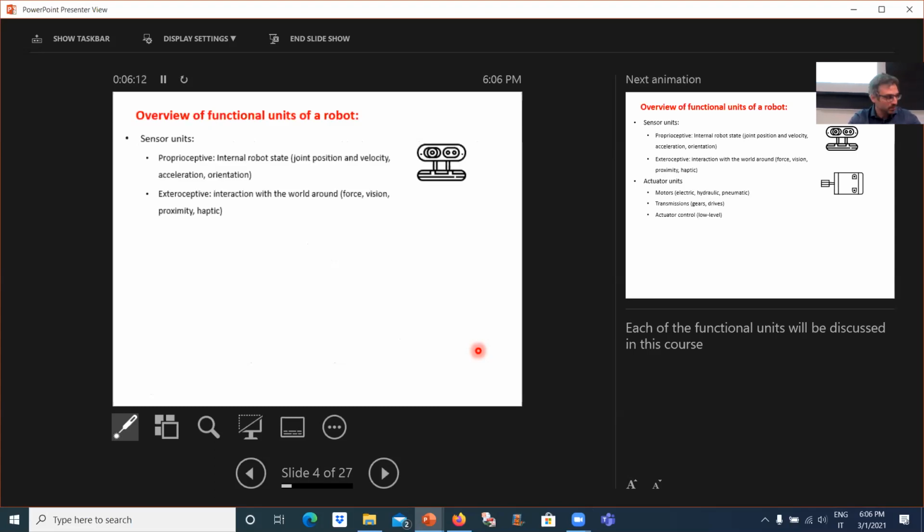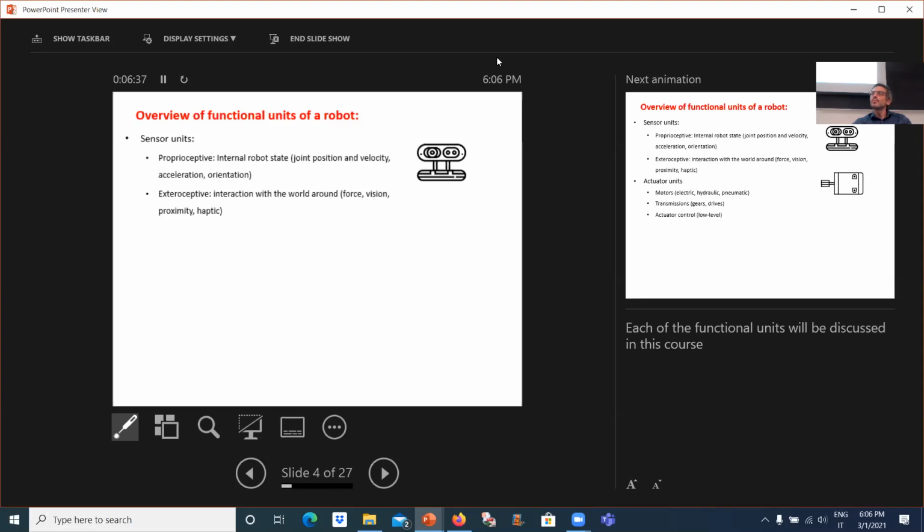Sensor units are divided into proprioceptive and exteroceptive. Can you give me an example of a proprioceptive sensor? Do you have any idea?